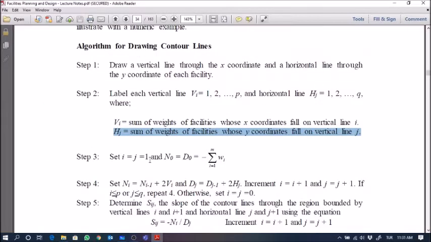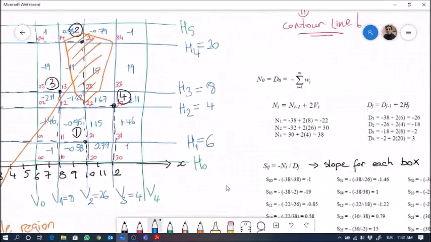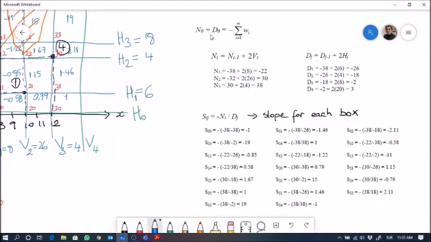Then we need to set i and j equal to 1, and N0 and D0 to be the summation of the weights, but negative summation of the weights. So we need to say that N0 equals D0, and they equal the summation of negative weights.